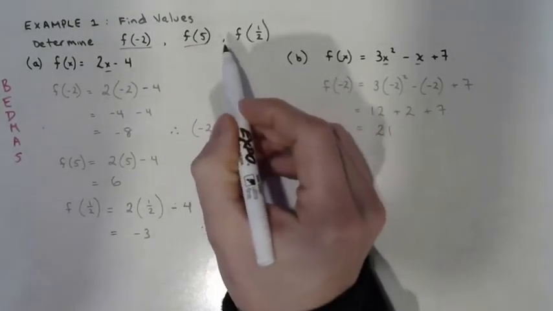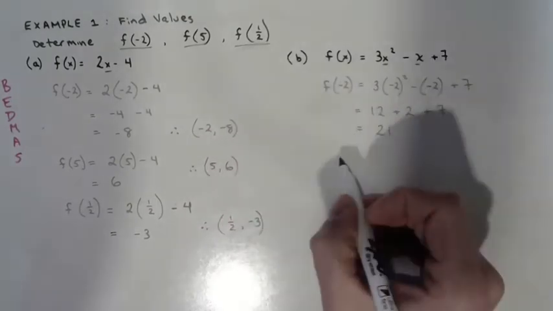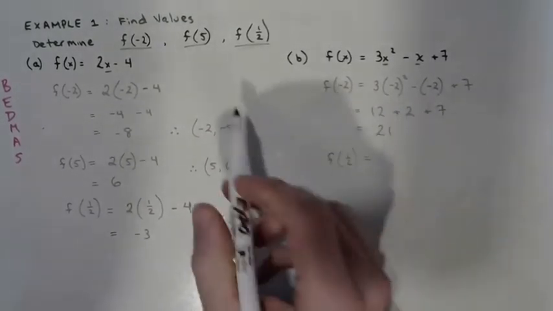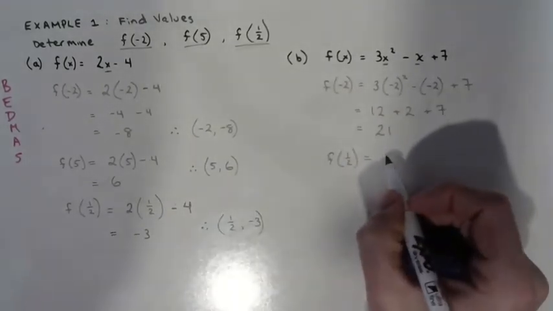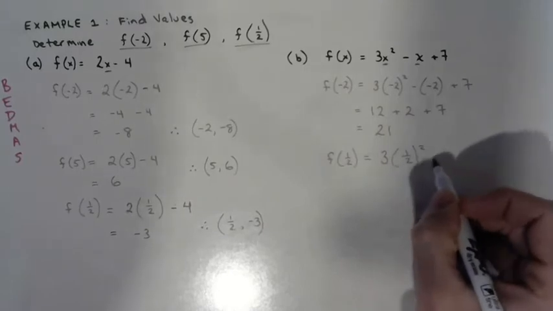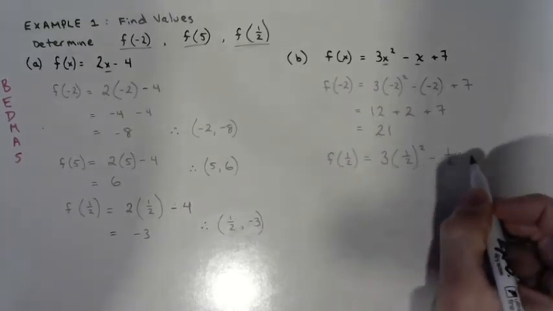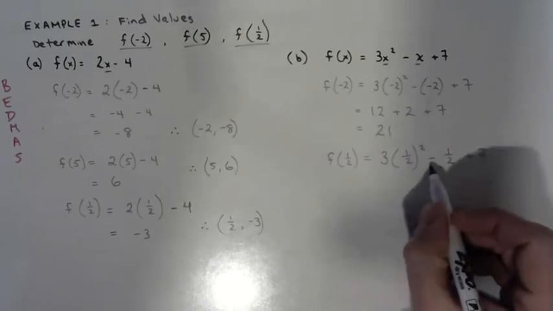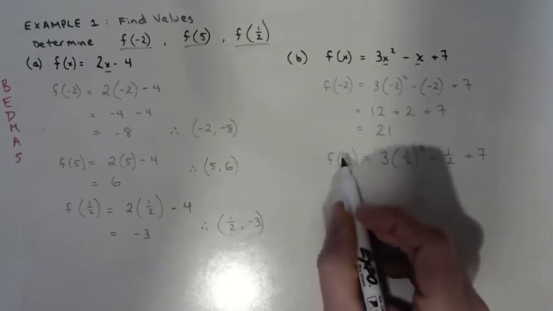Let's see what happens when I put the fraction in there. I'm going to skip over f of 5 and go to f of 1/2. If you need the extra support, you can do that one on your own and check your textbook. But all I'm going to do is everywhere I see an x, I'm going to put in 1/2. Notice I didn't bracket it here because I don't need to. I have a negative sign and this value doesn't have a sign.